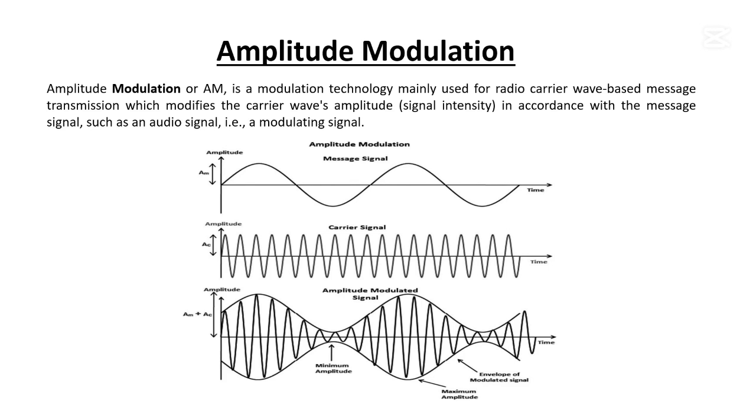But here in the labs, in the experiment, we will use 1 kilohertz as a message signal, and 1 kilohertz lies in the speech signal range. So we will take this 1 kilohertz and use this one as a message signal.